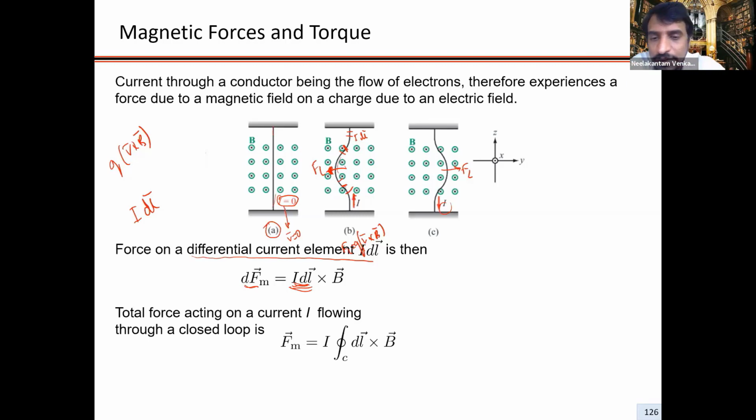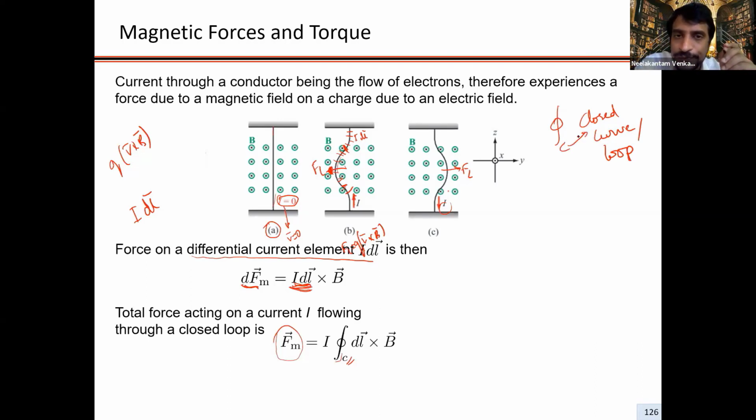Again, as you see from the previous studies, if I have the small little force due to the small little current section, then I can find the total force due to all these different sections by integrating it along a closed curve. This is a closed curve or a loop. When I say C, it refers to a closed curve or a loop.